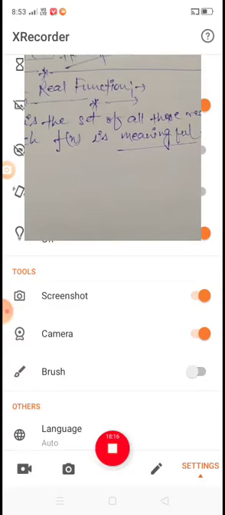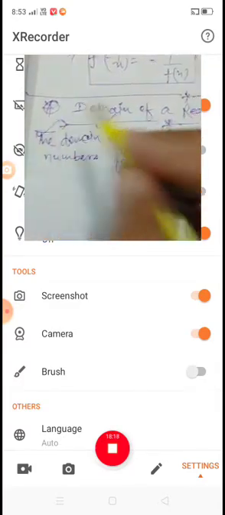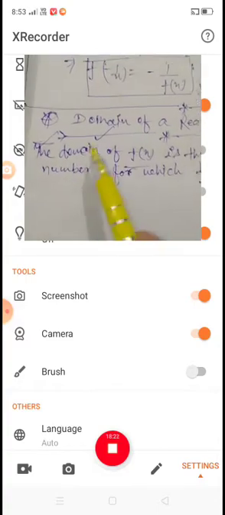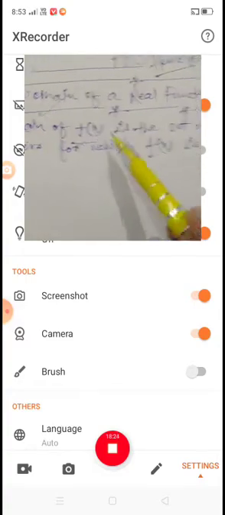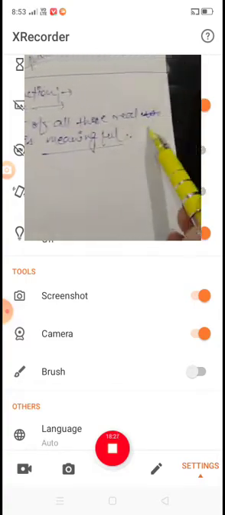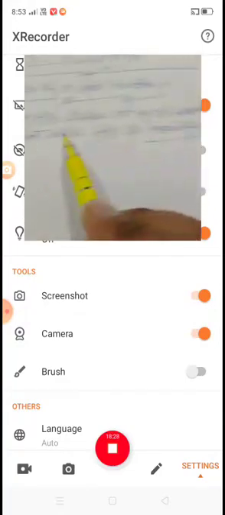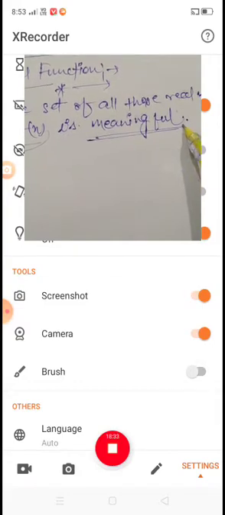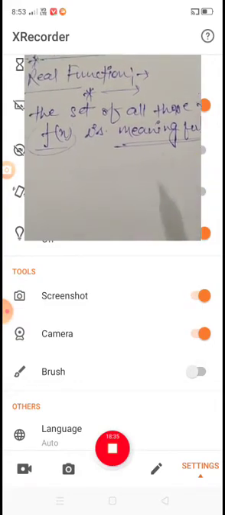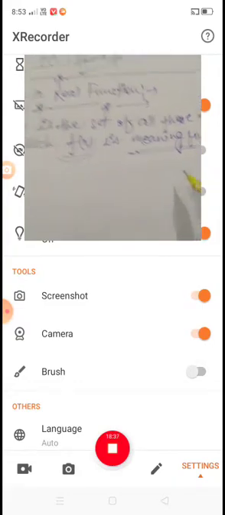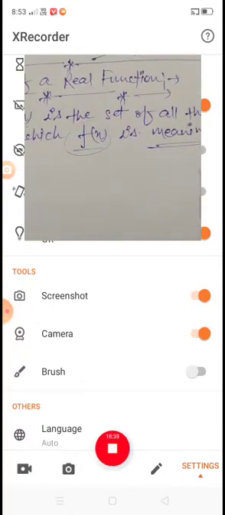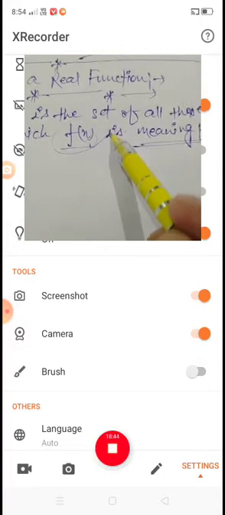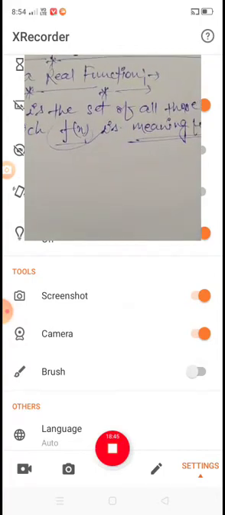Okay, this is a very important concept of domain. The domain of any function f of x is the set of all those real numbers for which f of x is meaningful. यानी x की वो सारी पॉसिबल वैल्यूज जिस वैल्यूज पर f of x डिफाइंड हो, that is called its domain.